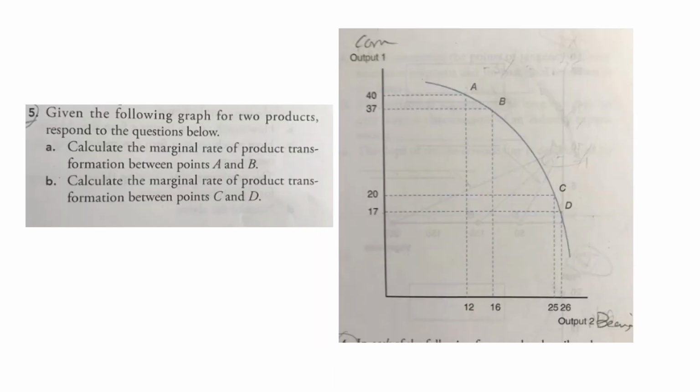So here is one of the problems that you're assigned this week. So we are to calculate the marginal rate of product transformation between points A and B, and then between points C and D. It doesn't specify what these outputs are, but let's just say they are corn and beans. So output 1 is corn, output 2 is beans.